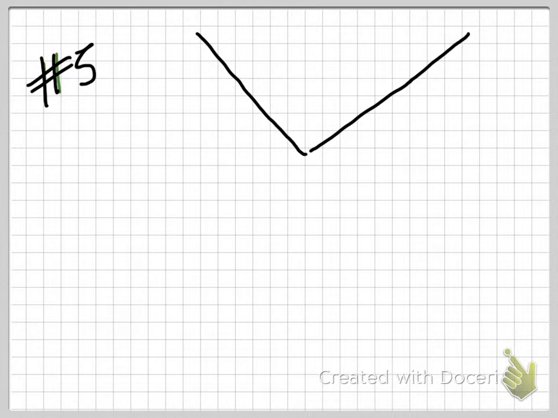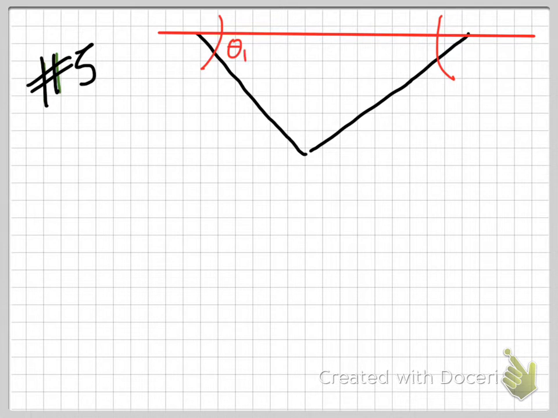It doesn't matter. What matters is that we know that these angles are not the same. So they form a right angle with one another, but they are not the same. So we have theta 1 and theta 2. Theta 1 does not equal theta 2.